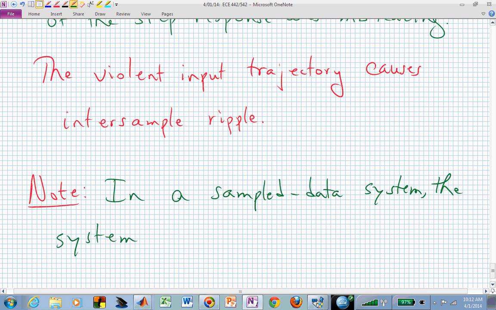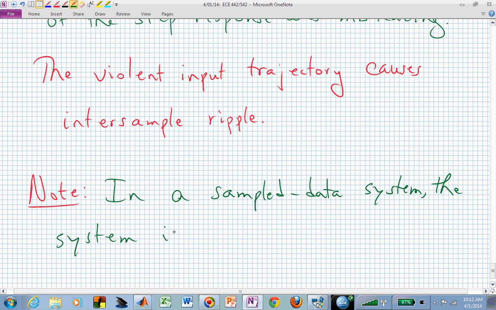It's not constantly feeding back an output and using that to instantaneously adjust the input.